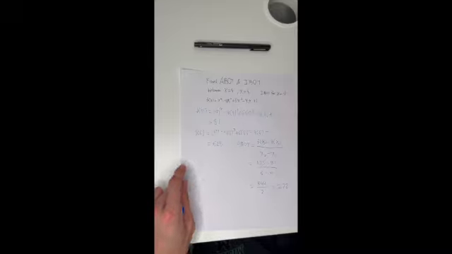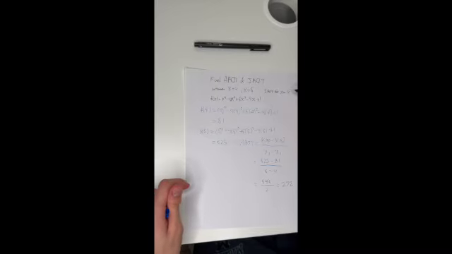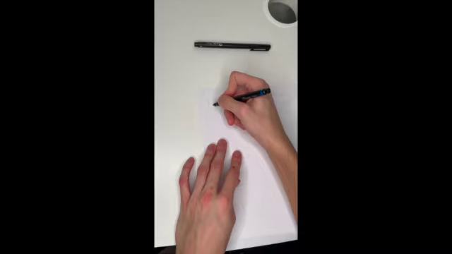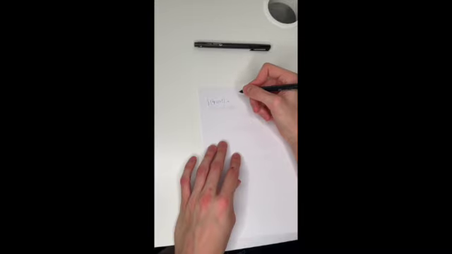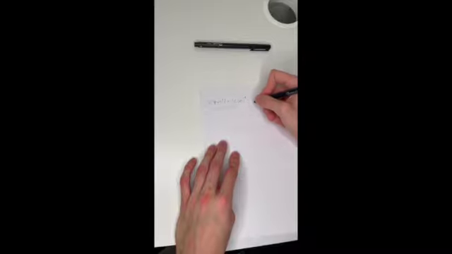Now we need to find the instantaneous rate of change for x equals 4. So f at 4.001 equals 4.001 to the power of 4 minus 4 times 4.001 to the power of 3 plus 6 times 4.001 to the power of 2 minus 4 times 4.001 plus 1.